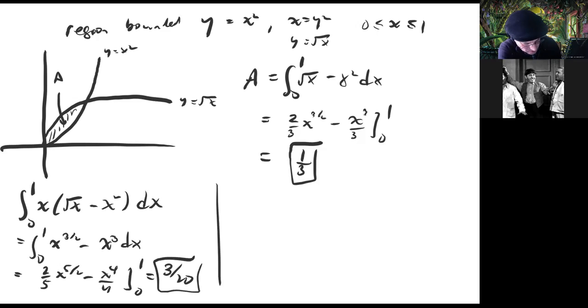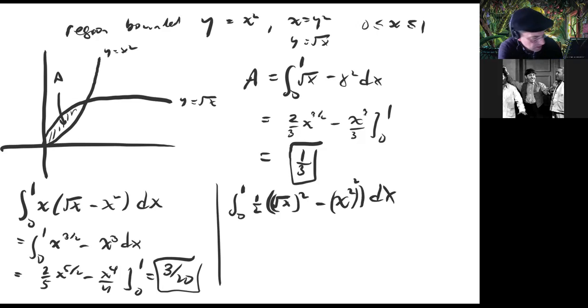Let me do one more calculation. I want to do the calculation for the numerator of y bar. That would be the integral from 0 to 1 of 1/2. And then I have to take each function, square it, and subtract, and then integrate. So it's x squared that goes in here.